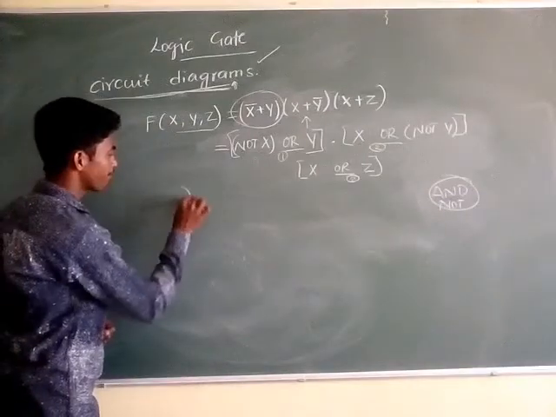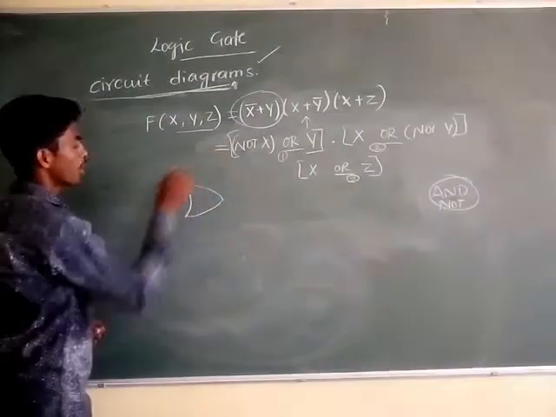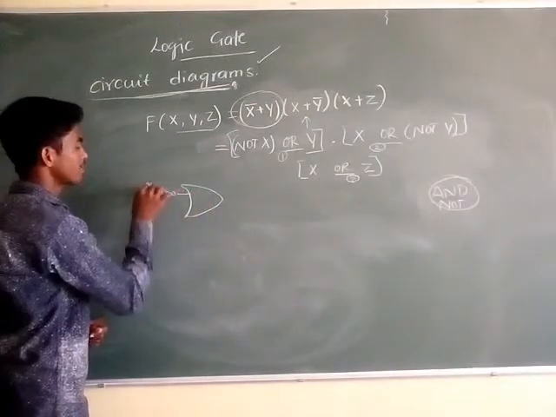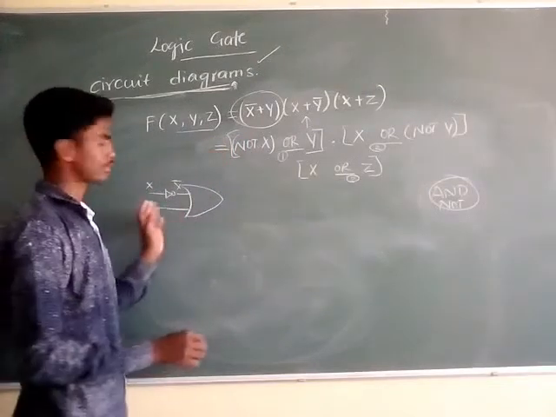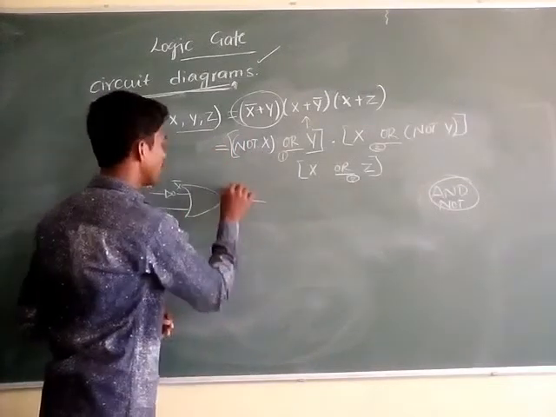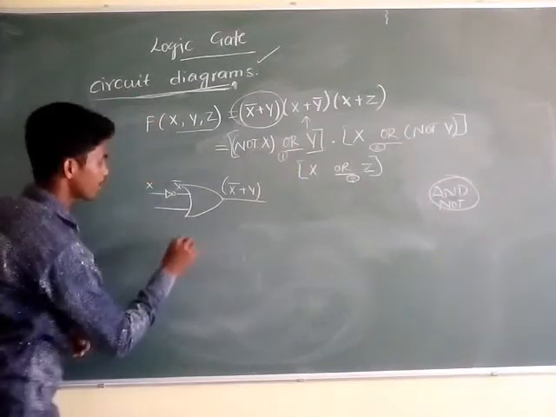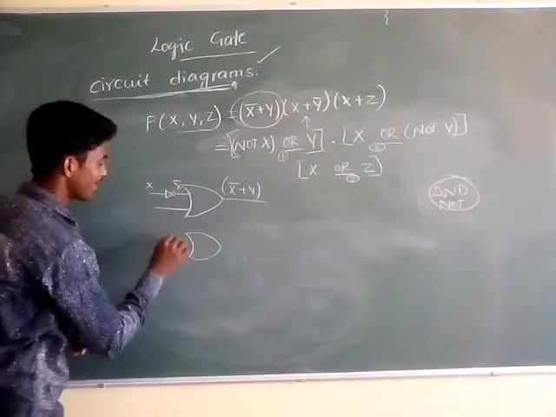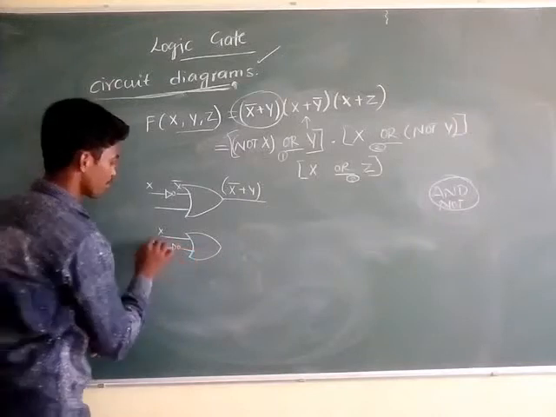Draw the OR gate for the first two inputs. NOT X is there, for that we have to insert a NOT gate, and for Y directly input the Y. We will get X complement plus Y. Then for the second OR gate, X is there and NOT Y is there.